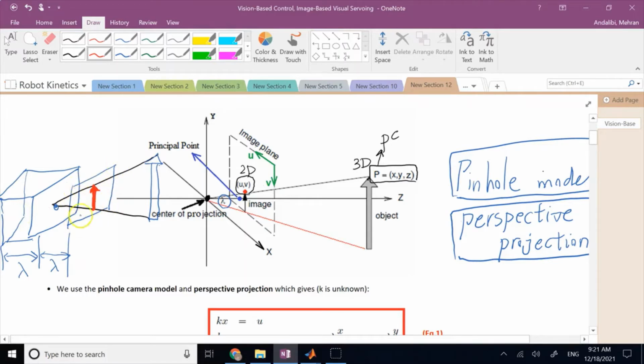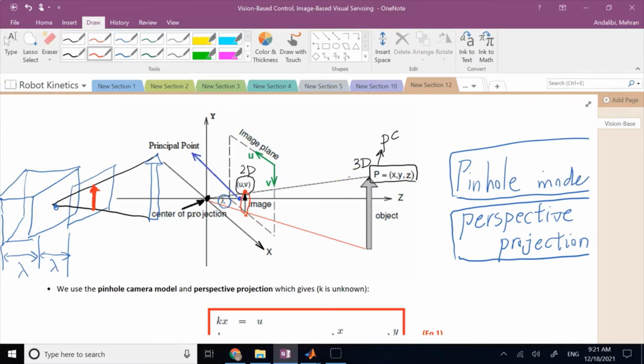They bring the projection plane lambda units in front of the center of projection or the pinhole location, to make this object again what? The same direction as the real world. Good. So this is called the pinhole model. This is called the perspective projection. What is perspective projection exactly?